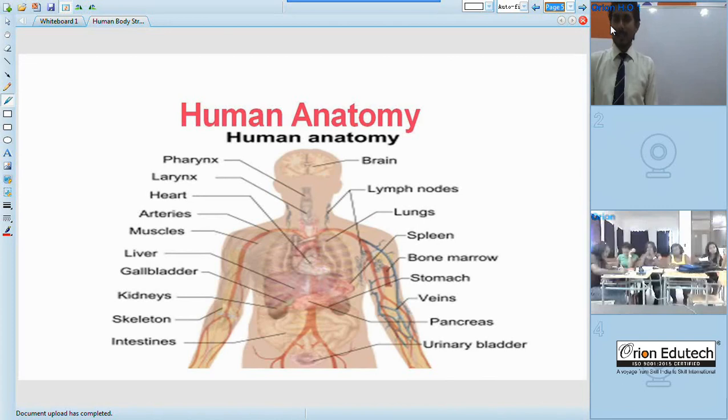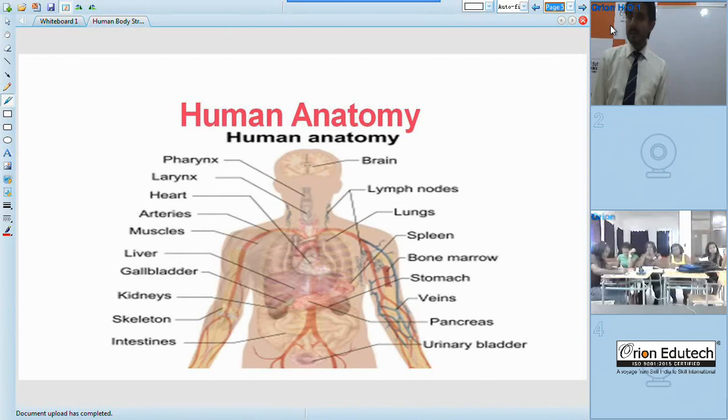It starts from brain to lymph node, lungs, spleen, bone marrow, stomach, veins, pancreas, urinary bladder, pharynx, larynx, heart, arteries, muscles, liver, gallbladder, kidney, skeleton, and intestine.